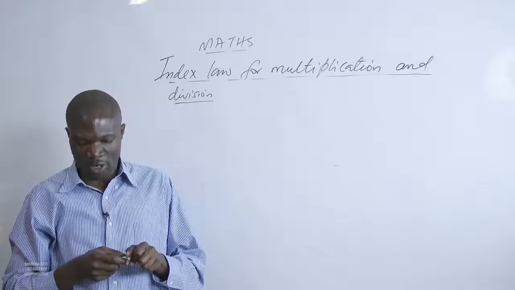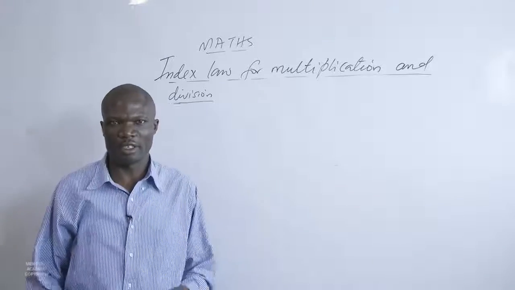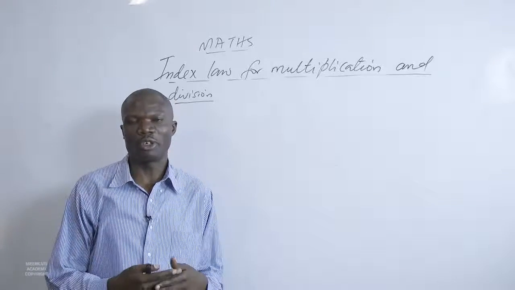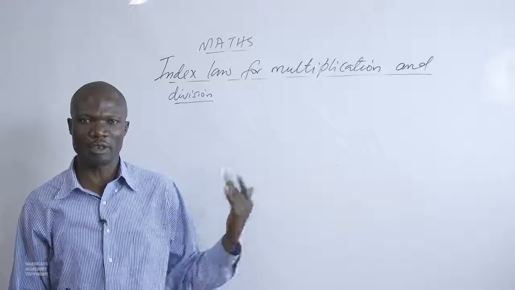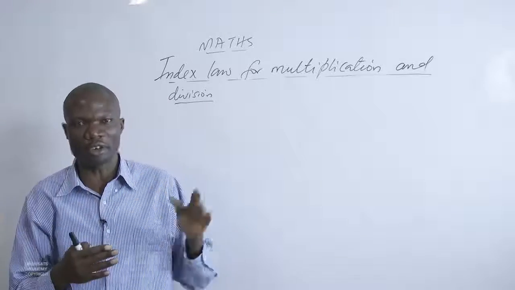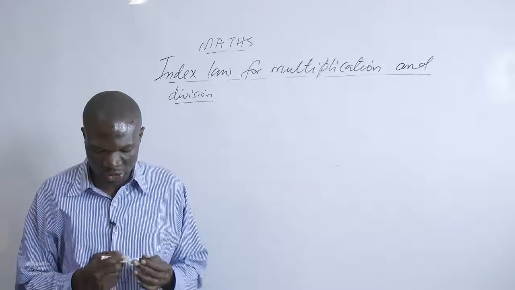So, index law for multiplication and division. Now, let us recall what we know, and you'll find that we already know what index is. Only now it is about labeling or naming that what we used to call the power is what you're going to call the index.